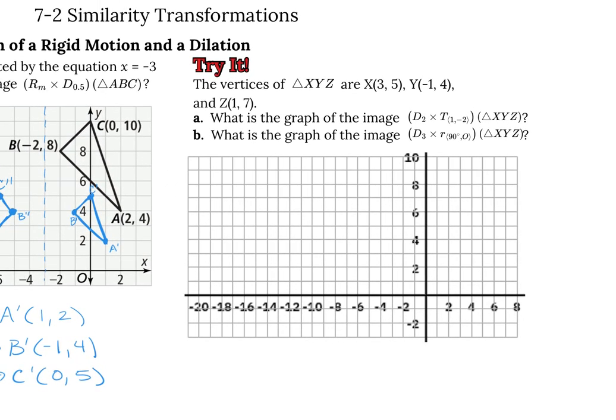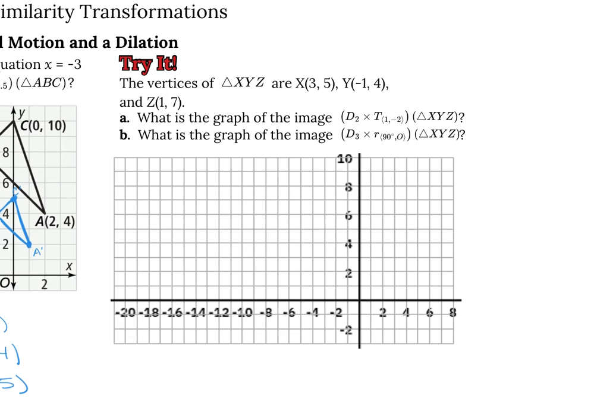All right, I'll try it. All right, the vertices of triangle XYZ are X 3, 5, Y -1, 4, and Z 1, 7. What is the graph of the image where we have a dilation of 2 and a translation of (1, -2) for our triangle? Okay, so I'm going to start with the original image.